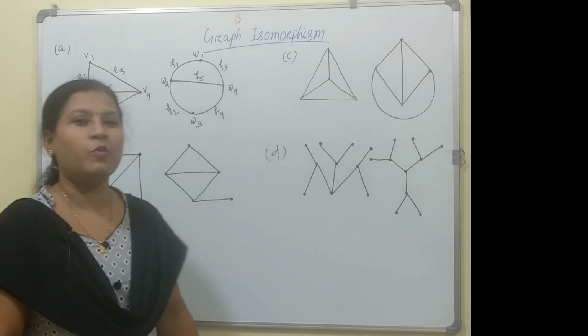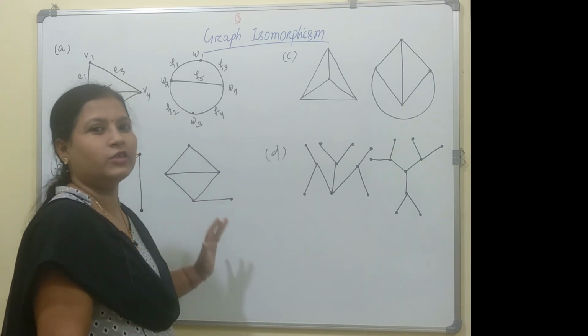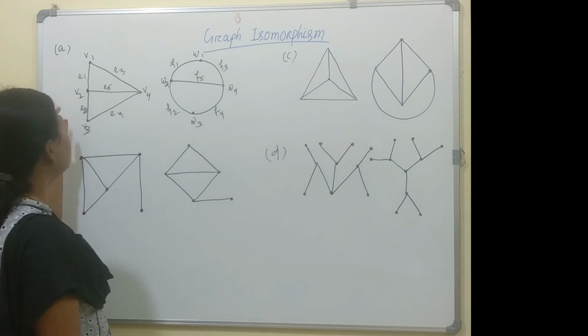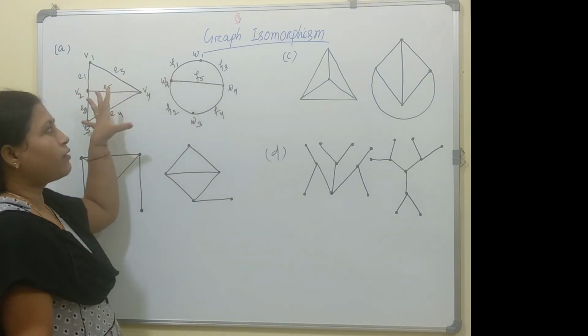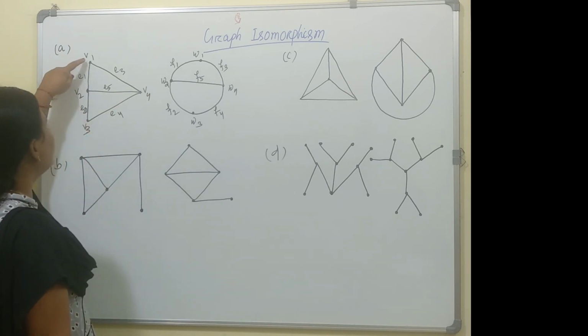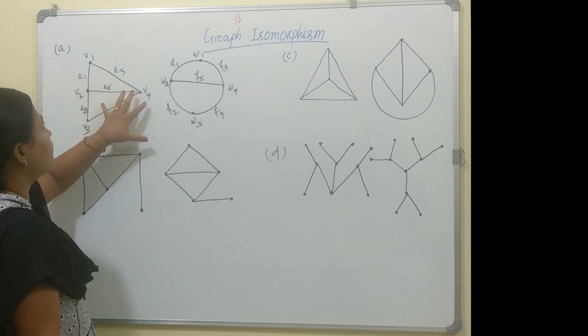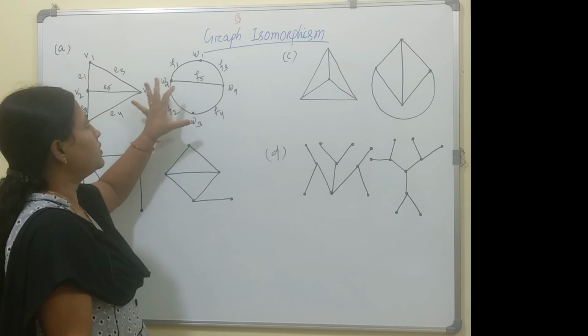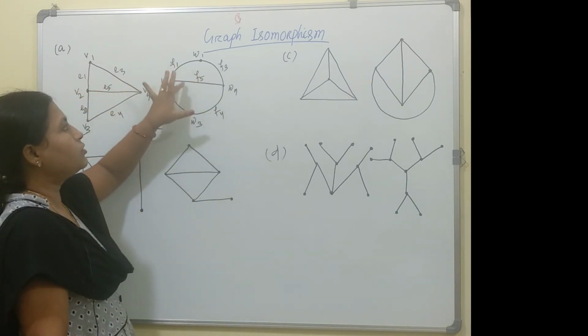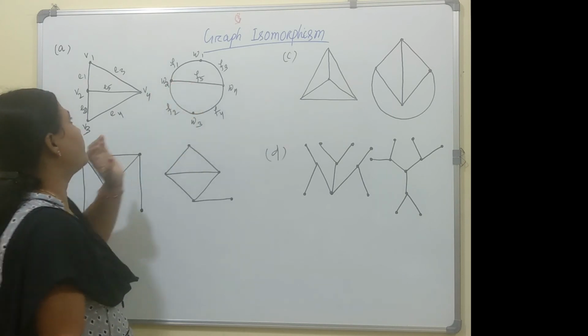Okay, taking some more examples of graph isomorphism. So the first example: these two graphs are isomorphic graphs. The number of vertices is 4, here also the number of vertices is 4, and the number of edges is 5, and here also the number of edges is 5.